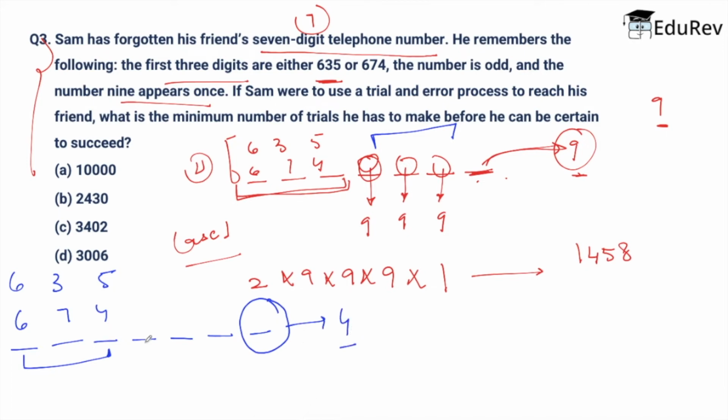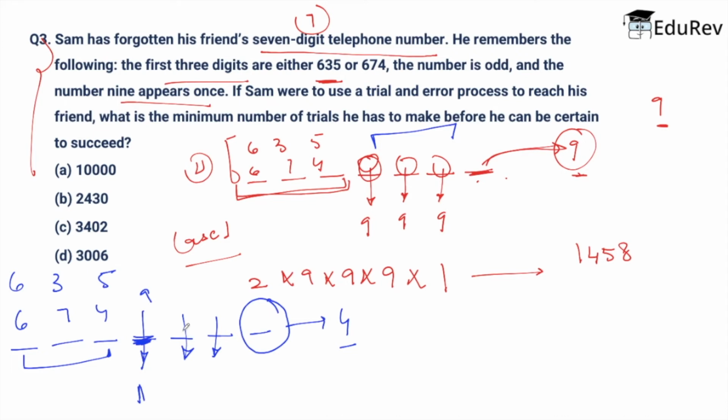Now either 9 has to come at this place or at this place or at this place, correct? Just suppose that 9 occurs here. Then this place is fixed. To fix this place, there is only one way because I have put 9 in this place.